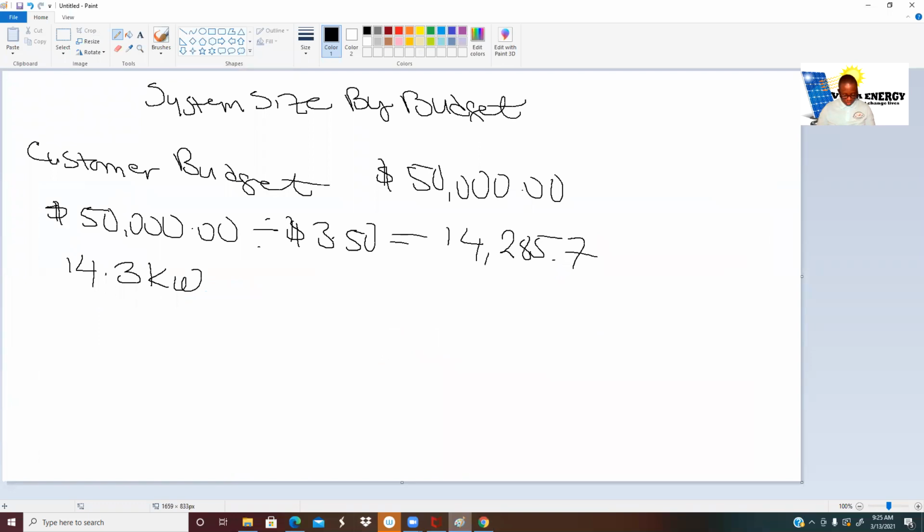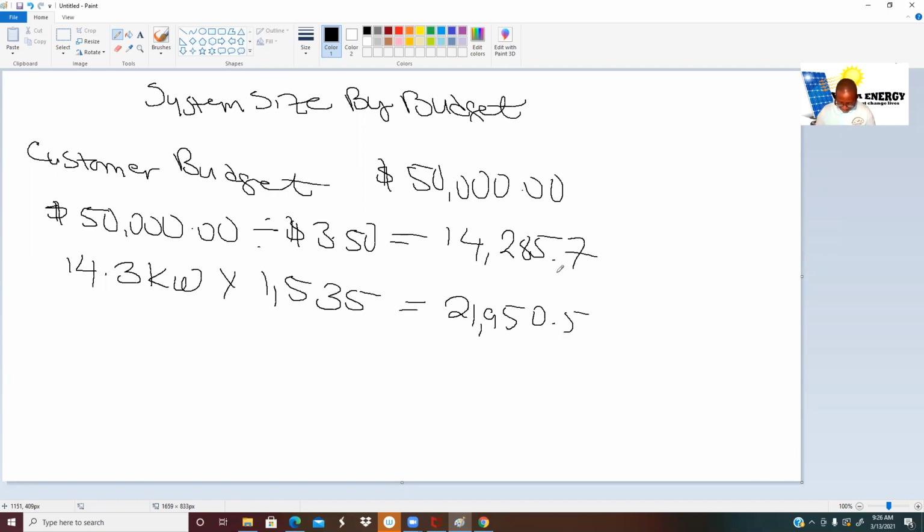Now, the meteorological data record for kilowatt hours yearly for Liberia will be multiplied by 1,535. So it's 14.3 times 1,535 equals 21,950.5.